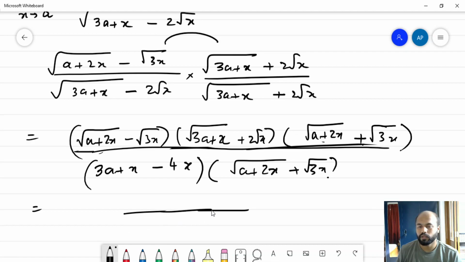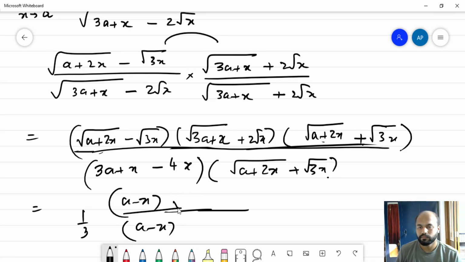So at the bottom we'll get a minus x with 1 by 3 out, of course. And here we are going to get a plus 2x minus 3x. That is, finally we are going to get a minus x in the numerator. A minus x is achieved.